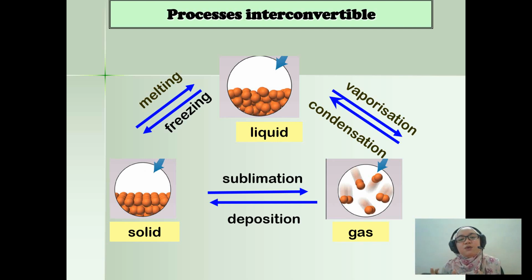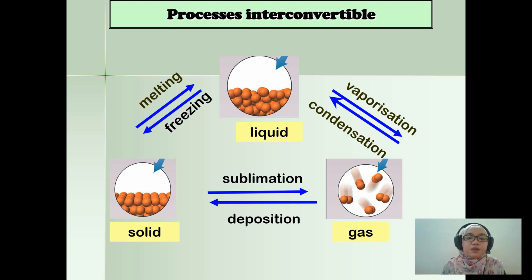And from the liquid phase into the solid phase, we can do a freezing process. For a solid to become a gas phase, it will undergo the sublimation process, and from the gas phase directly to the solid phase, it will undergo the deposition process.